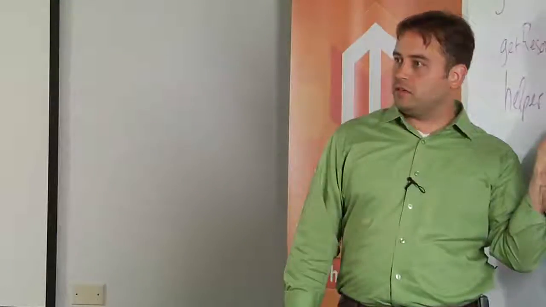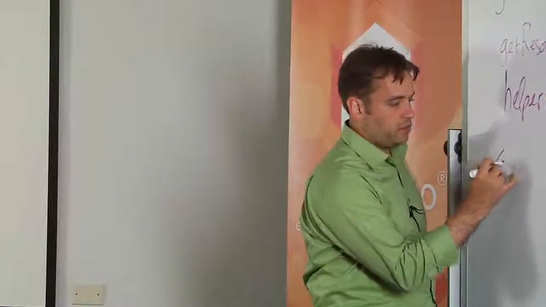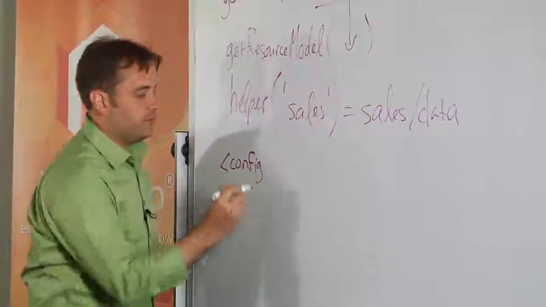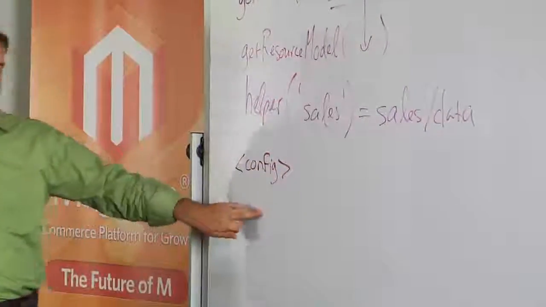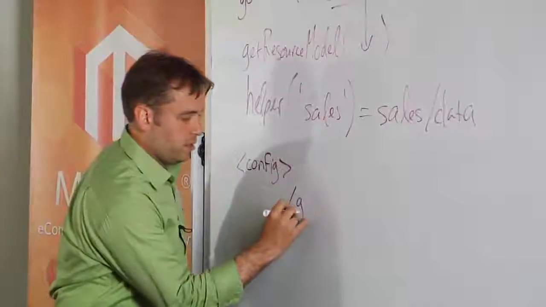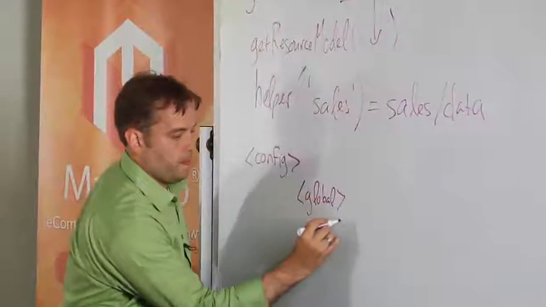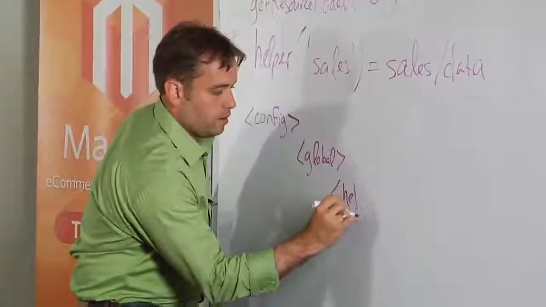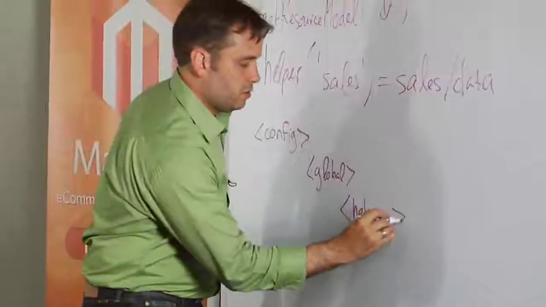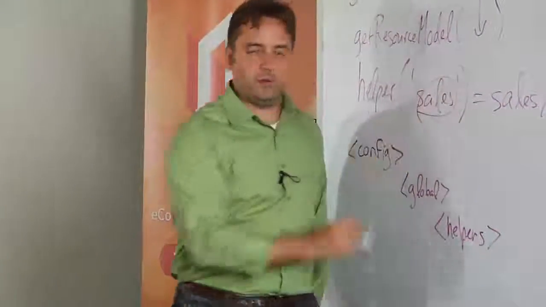This sales here will actually map to a configuration file, or hopefully, anyway, the config object will look in config, global, helpers for a node with the value sales.